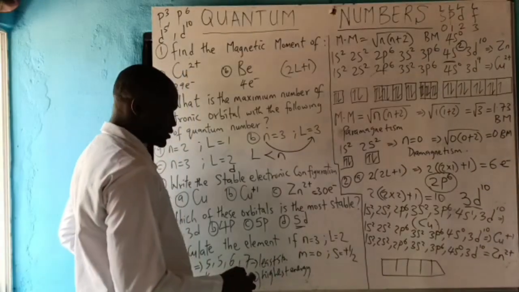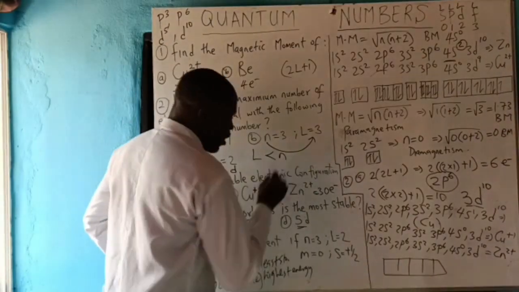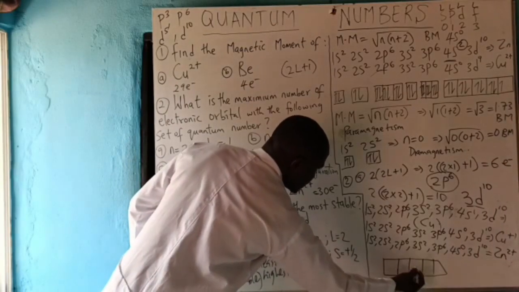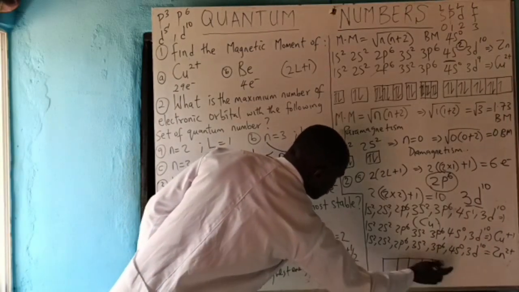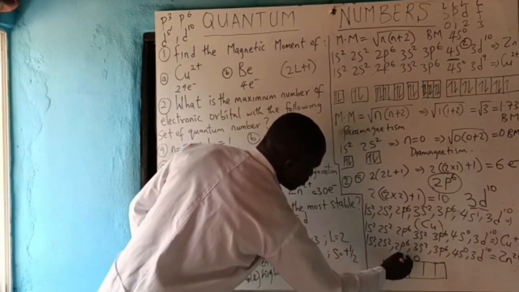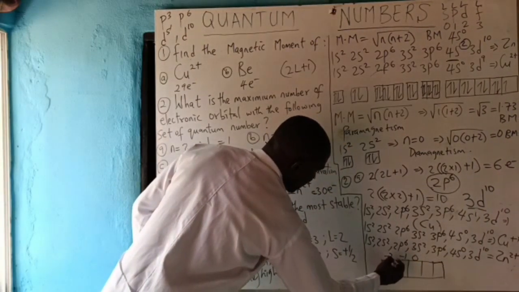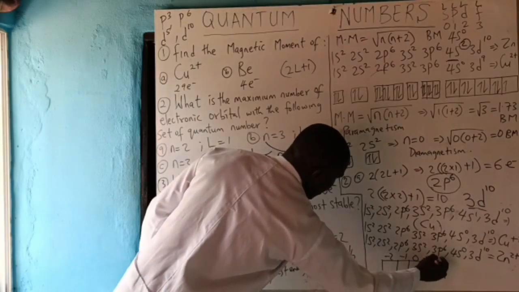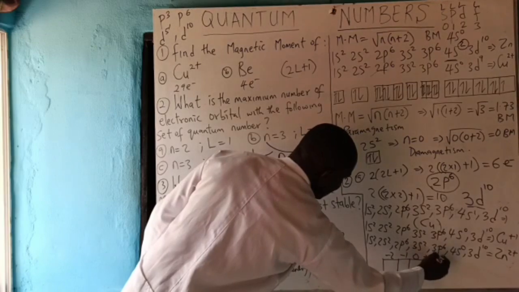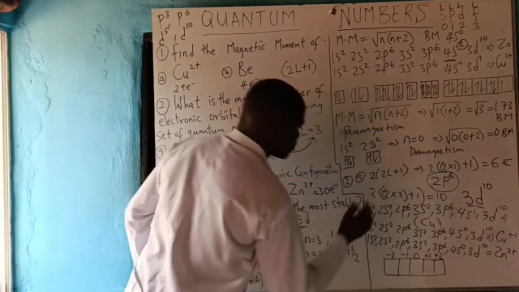5 orbitals. Okay? Now, what this means is that the middle one is labeled 0, minus 1, minus 2, plus 1, plus 2. That is about the magnetic quantum number.